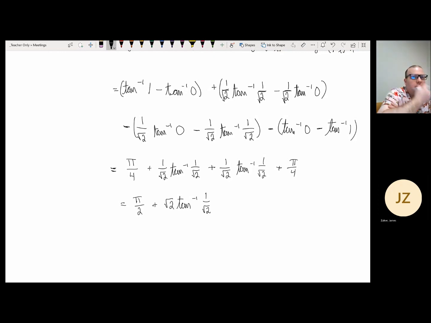There's the circulation: pi over 2 plus root 2 inverse tangent of 1 over root 2. Or if you write that as 2 over root 2, that's also fine.